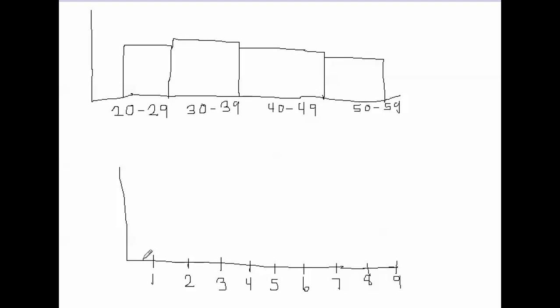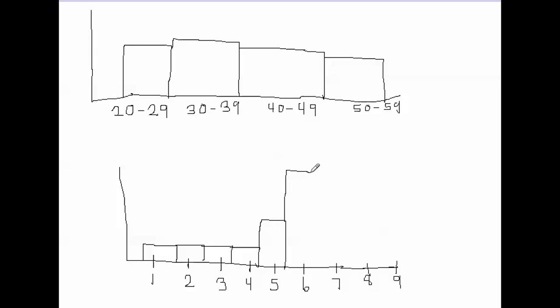So you probably don't have very many people who get very low amounts of sleep like this. And once you get to about 5 hours, you might start to have some more people. And I'm thinking that most people probably get somewhere between 6 and 8 hours.